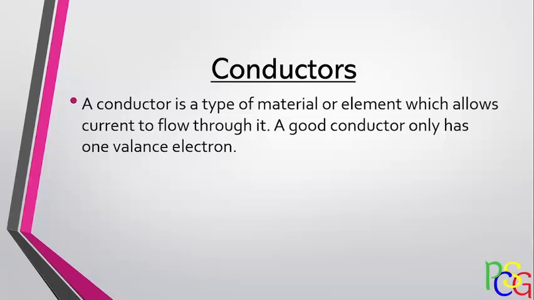It has an outer shell, which is called the valence shell, and for the material or element to be a good conductor, its chemical makeup tends to have only one electron on the outer shell.